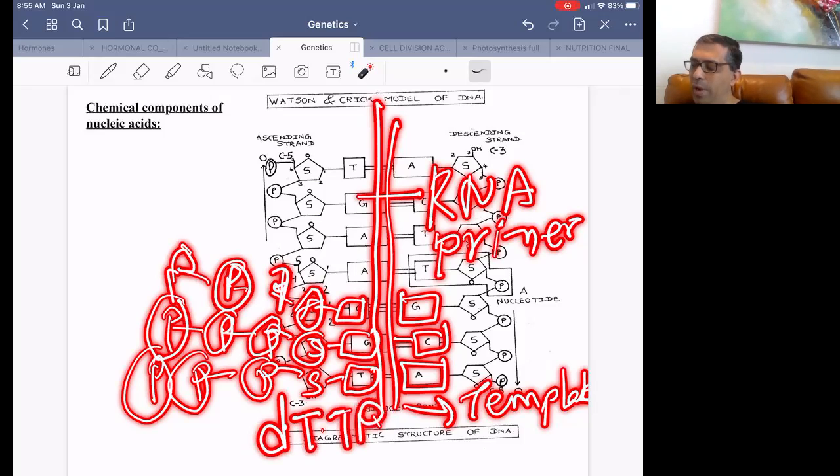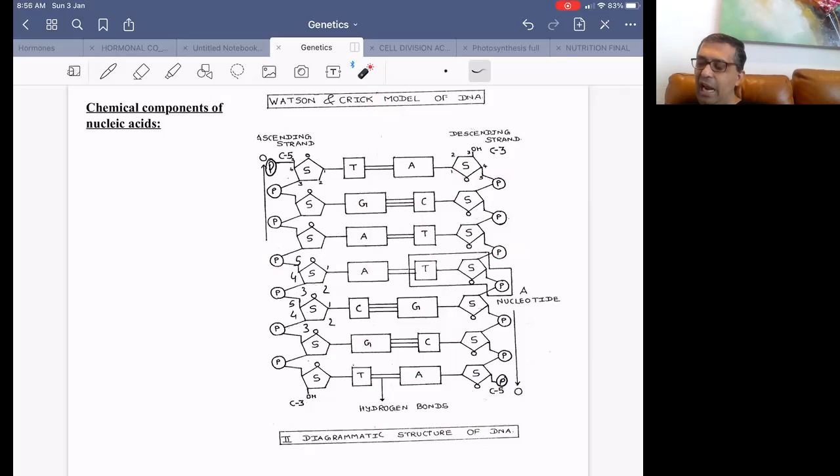Then we have guanine. So deoxyguanosine triphosphate. This is cytosine. So deoxycytidine triphosphate.